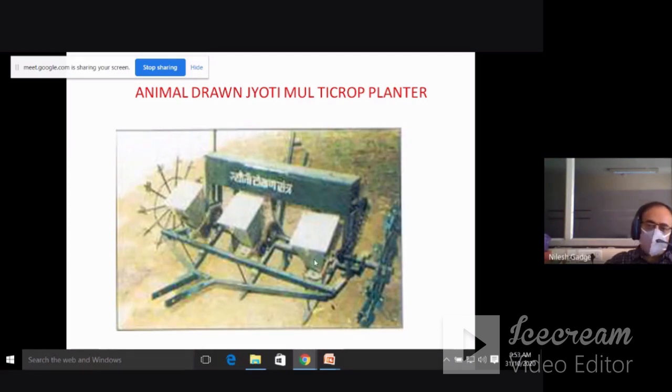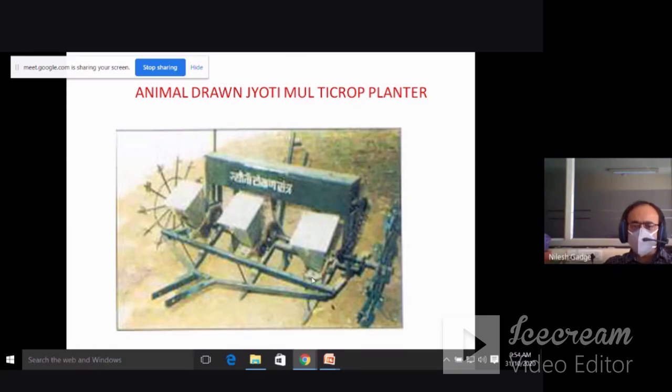When I was completing my BTech, at that time it was prepared at Dr. Anna Sahib Shinde College of Agricultural Engineering and Technology, Rahuri, MPKV. So it is a bullock drawn planter, animal drawn.